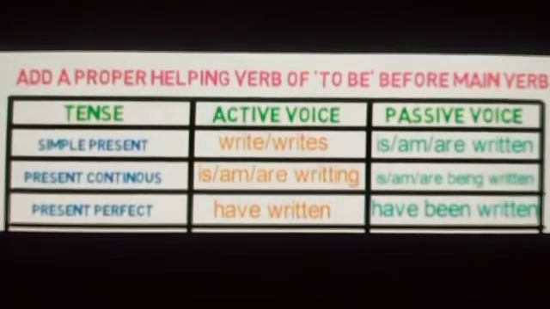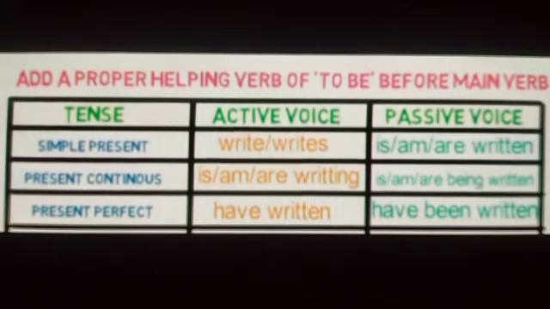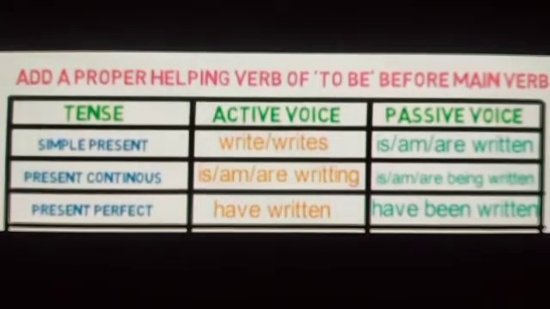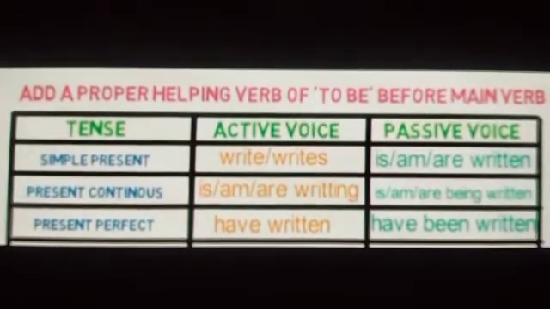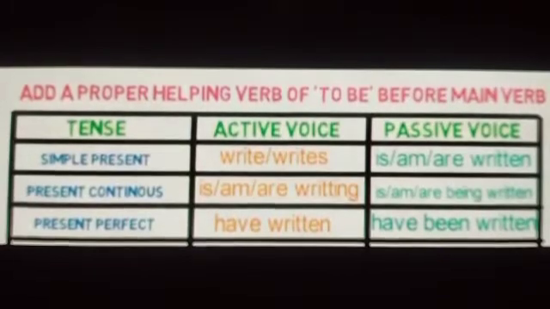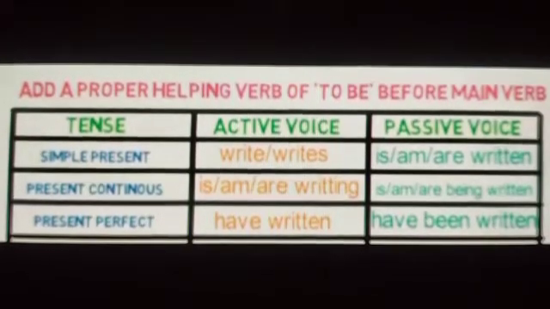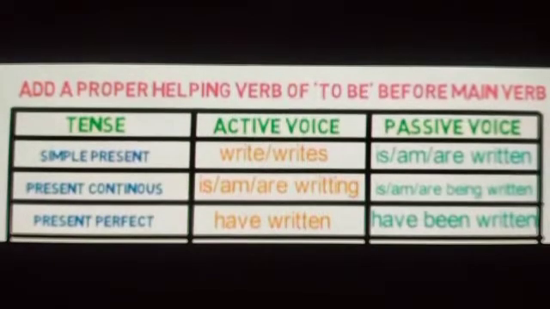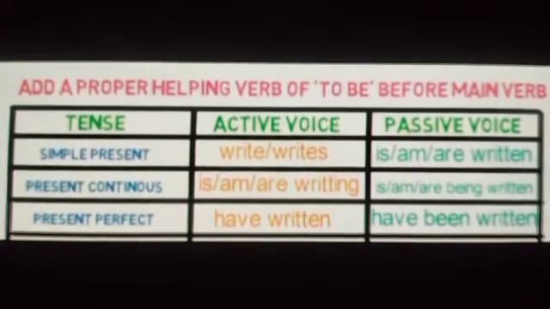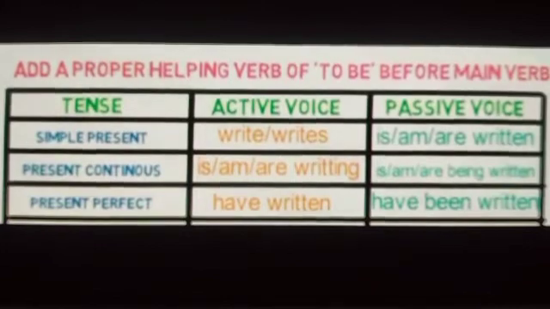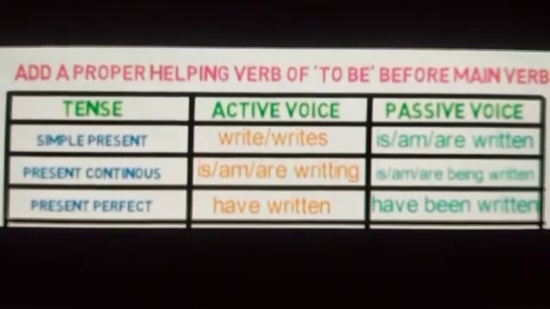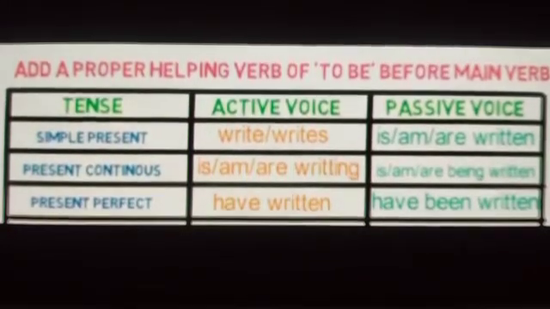As already I have told you, every time we use the past participle of the verb, means third form of verb, in passive voice. In active voice of present continuous tense, we use helping verb is, am, are with first form of verb and ing. But while converting into passive, we use being with is, am, are plus third form of verb.